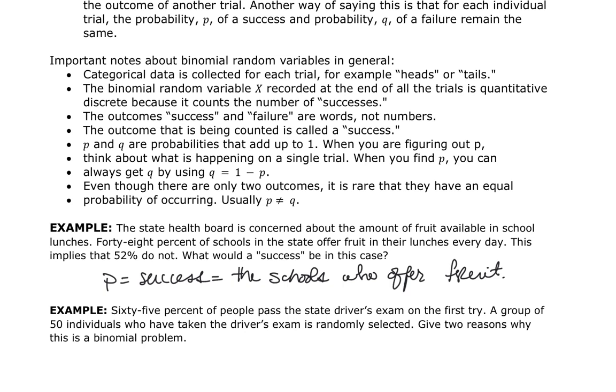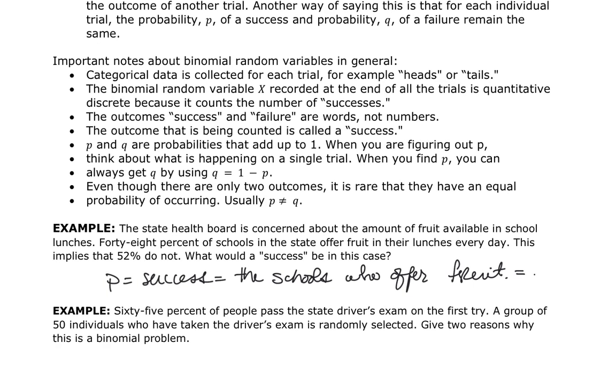They're giving us 48%, the percent of schools who offer that. So our P would be 0.48. Remember, probabilities are between 0 and 1, so 48% is 0.48. That means Q would be 0.52. And Q is a failure, which is the percentage of schools who do not offer fruit at lunch.